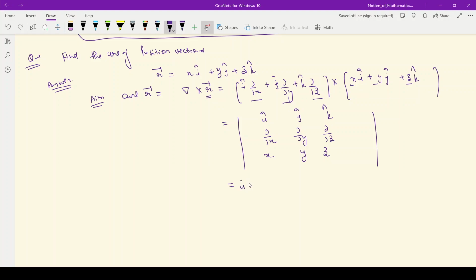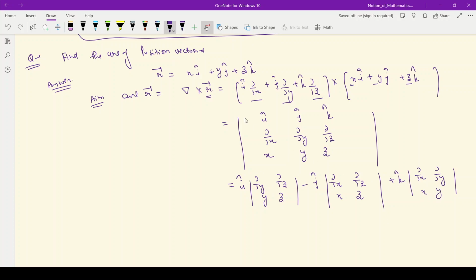So I can write it like i cap of the determinant of partial by partial y, partial by partial z, y, z, minus j cap determinant of partial by partial x, partial by partial z in the first row, and in the second row this is only x and only z. Then the third term is k cap, with partial by partial x, partial by partial y, x and y.